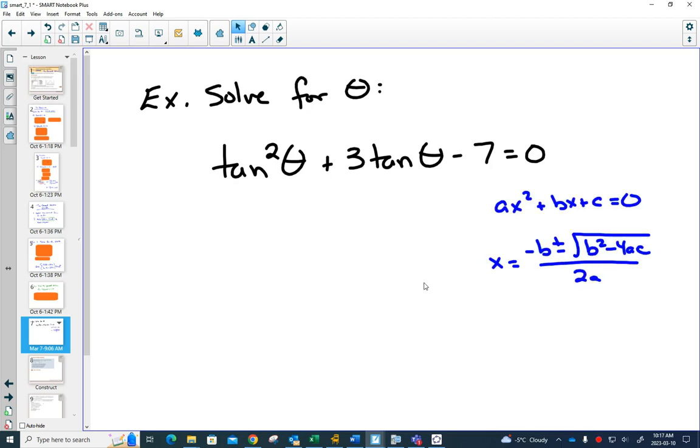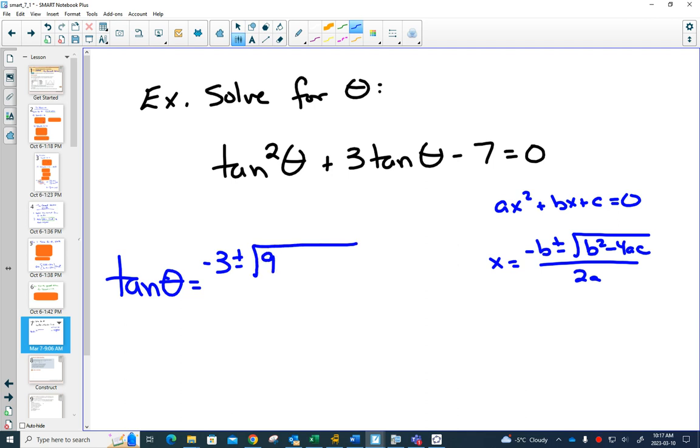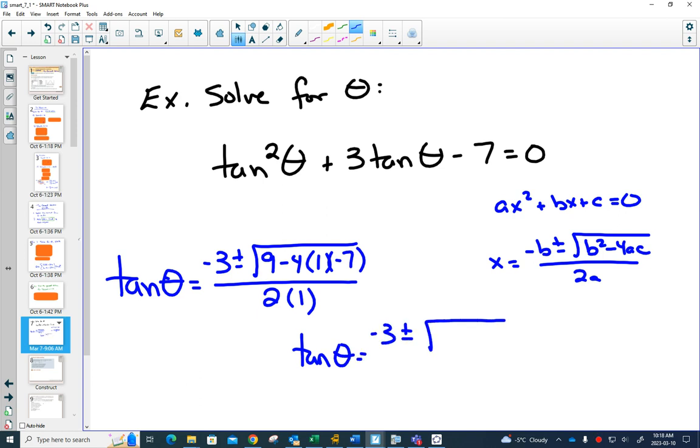All right, let's see if you did the quadratic formula part right. There's your quadratic formula. So for this equation, you don't have an x squared, we have a tan squared. So we would have tan theta equals negative b plus or minus the square root of b squared minus 4 times a times c, over 2 times a. So this simplifies to negative 3 plus or minus the square root of 28 plus 9, 37, over 2.